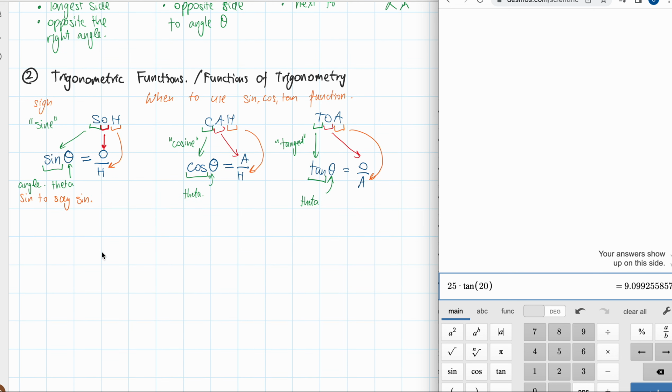Now down here, I'm going to write out 3 triangles that I want us to solve. So here we go. I'd like you to copy these down in your books if you're following along at home.